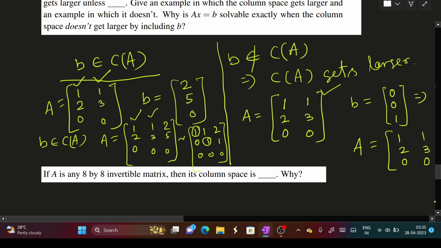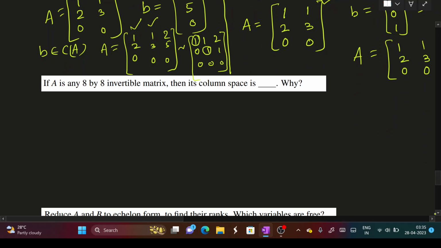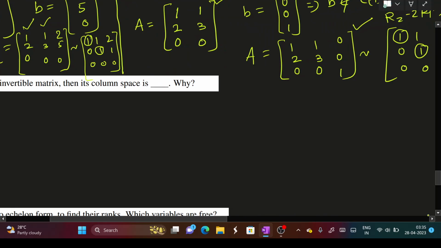I hope it is understood to the audience. So here my column space is the same, C of A is the same. Okay, now the last part of the question we will discuss.